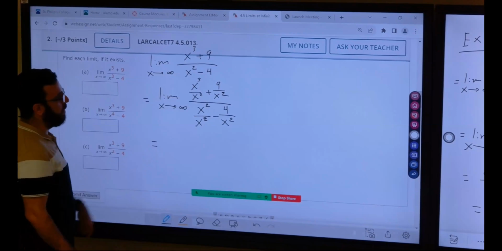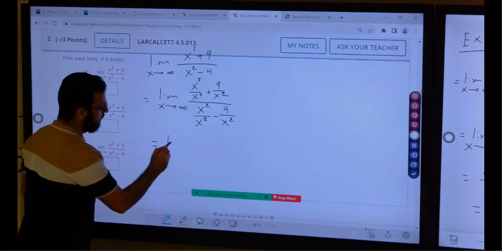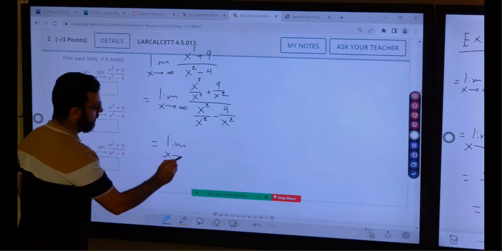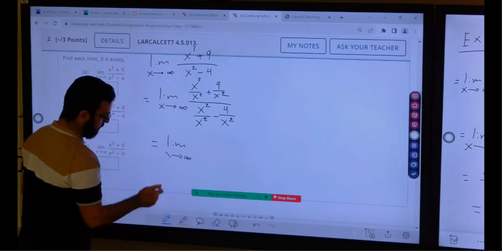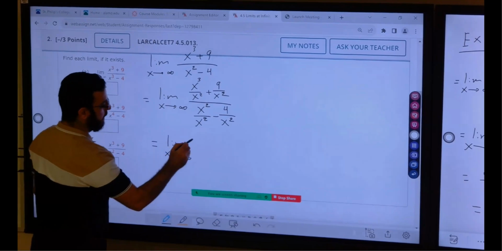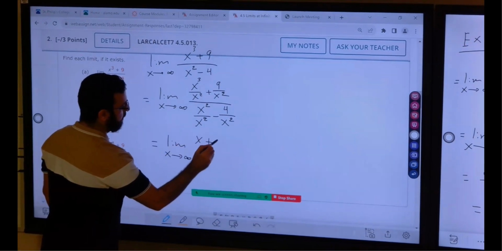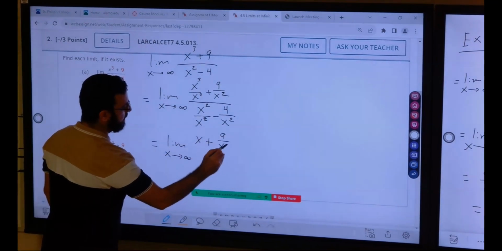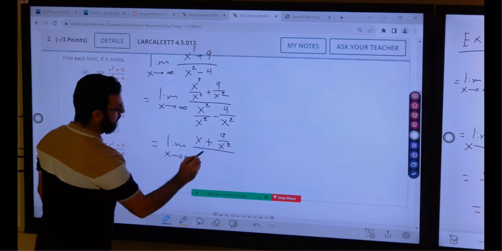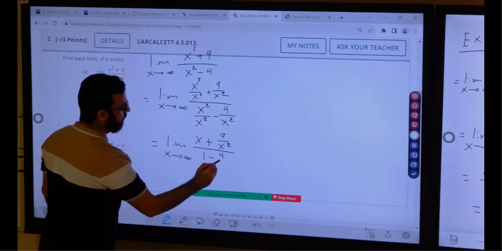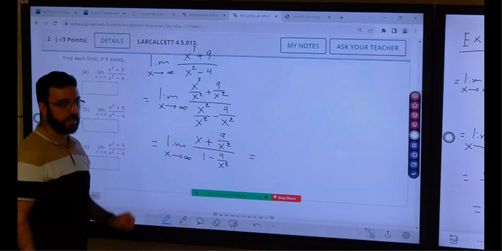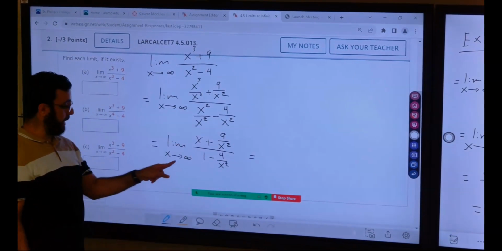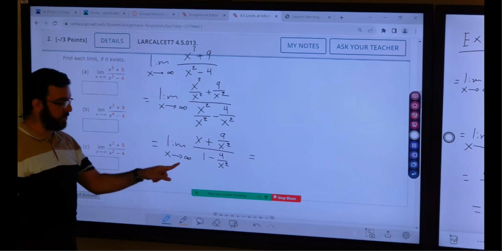Now tell me, on the top, the left is x, plus 9 over x squared. There is 1 minus 4 over x squared. So what's the limit for x? It goes where? The positive side.